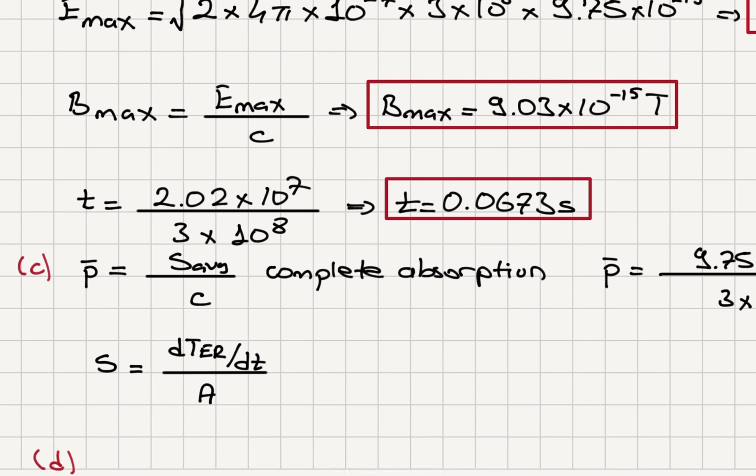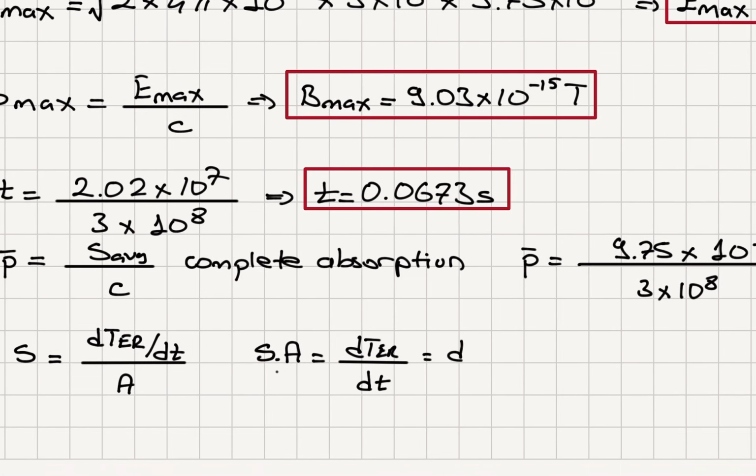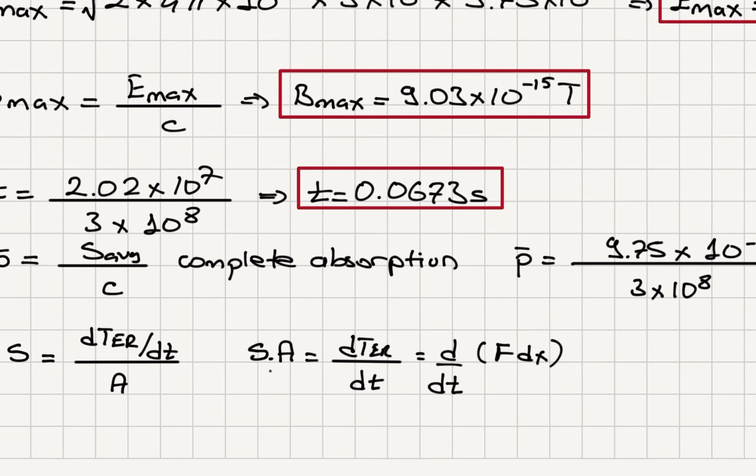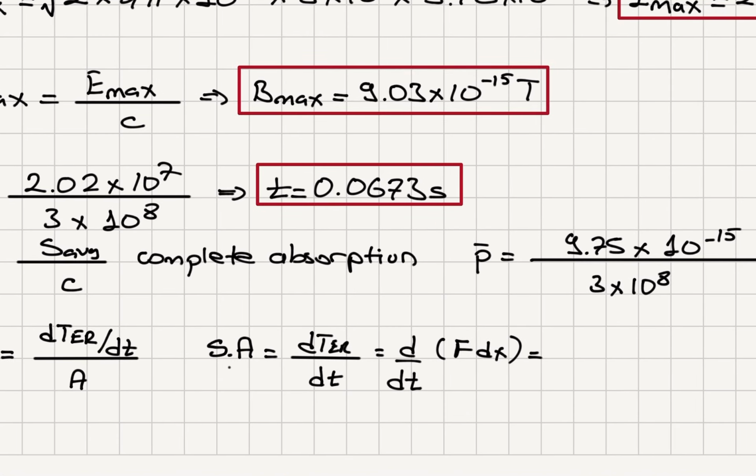So we see that the Poynting vector magnitude times the area is the rate of energy flow, which is d/dt of F dx, so that's like work, and which is equal to the force multiplied by dx/dt, which is the speed of light.